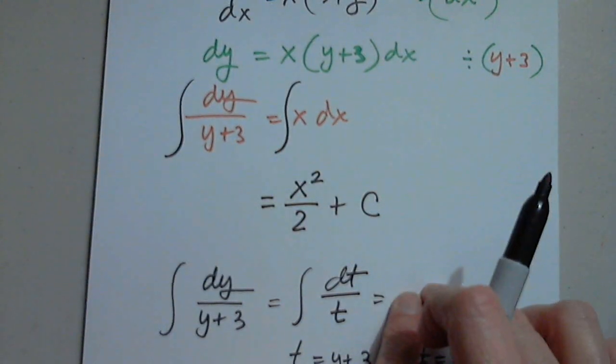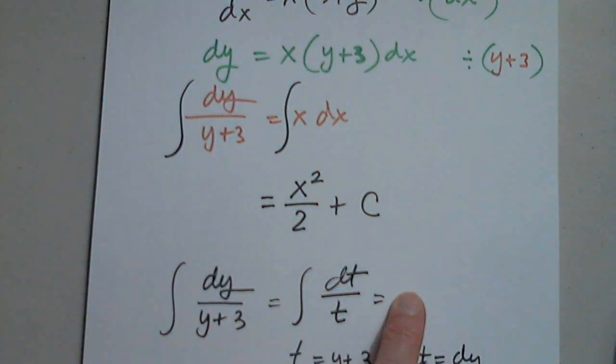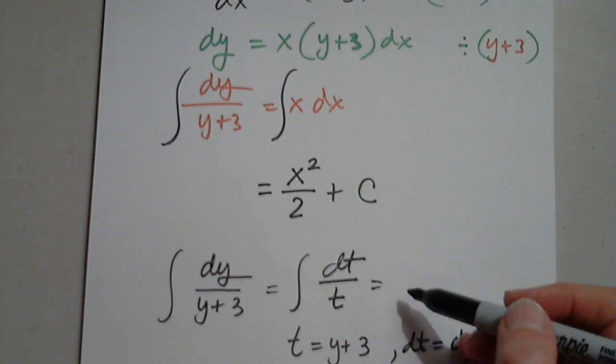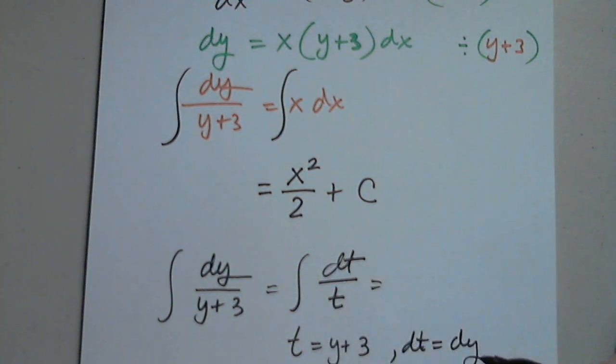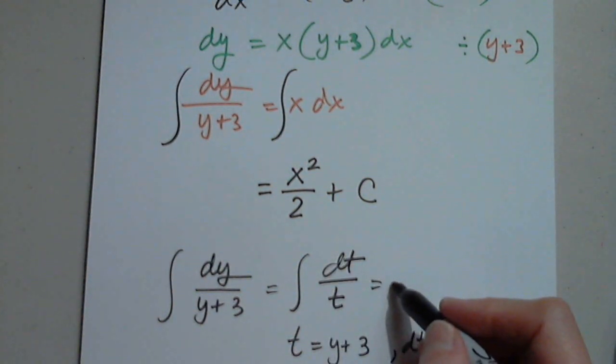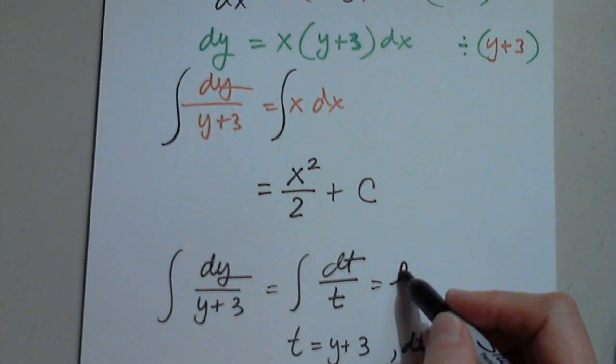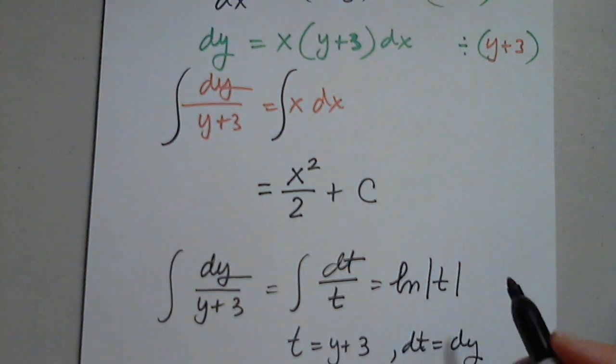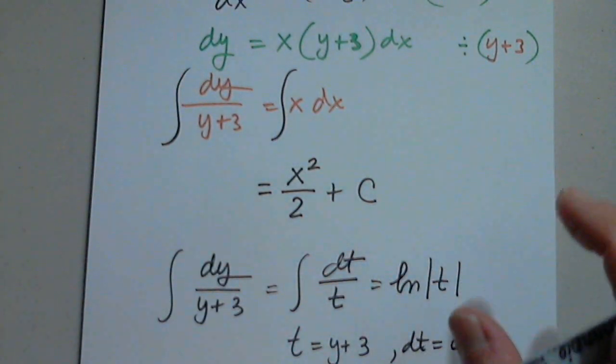Which function do I differentiate to get 1 over t? I know we said that several times. I want to hear you say one more time. Which function prime is 1 over t? Natural log of t in absolute value. Good. Plus a constant, but we already put the constant.